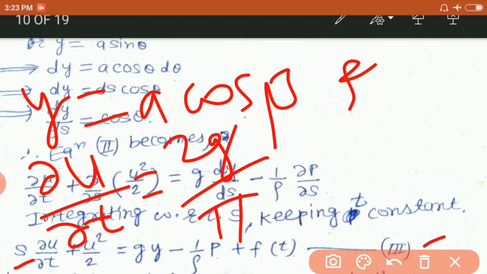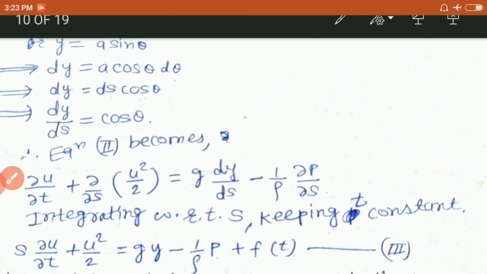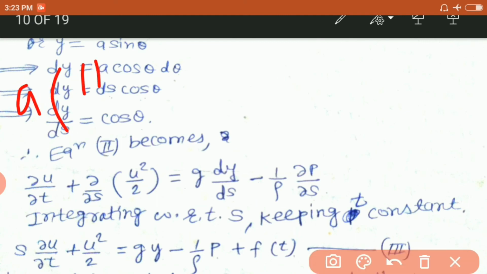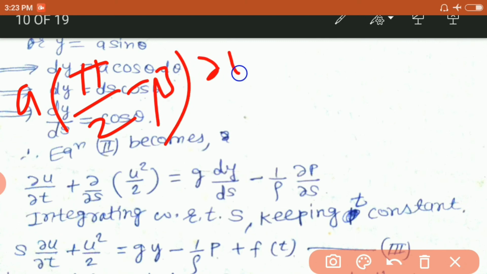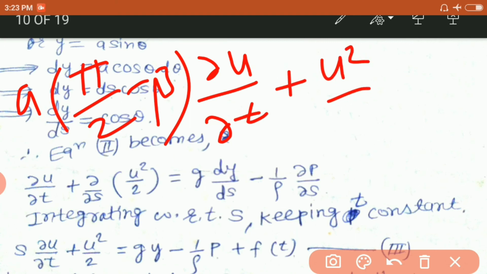So a as it is, theta is pi by 2 minus beta. So we get a times pi by 2 minus beta, dou u by dou t as it is, plus u square by 2 as it is, equal to g as it is, and y is a cos beta.